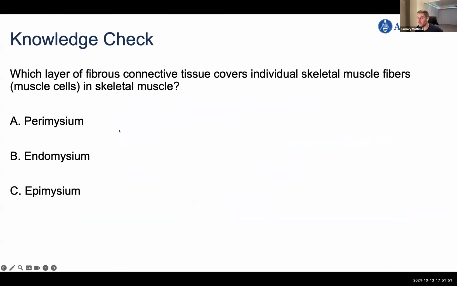All right. Another question here for you. Let's see if you remember those connective tissue coverings. Which layer of the fibrous connective tissue covers the individual skeletal muscle cells? I know this is probably a little bit harder.